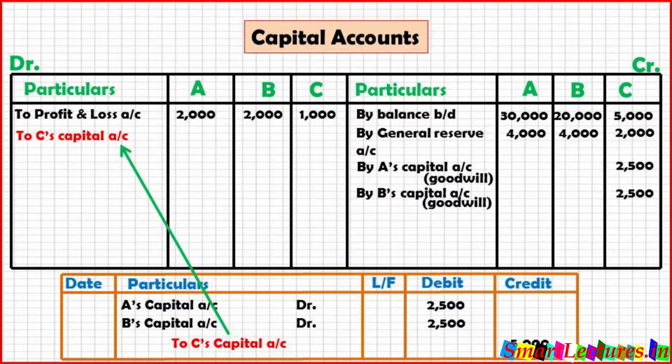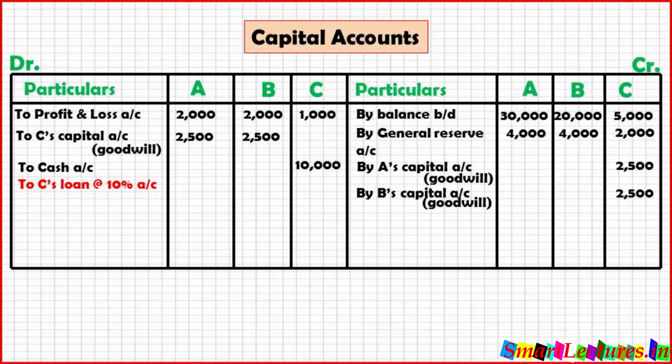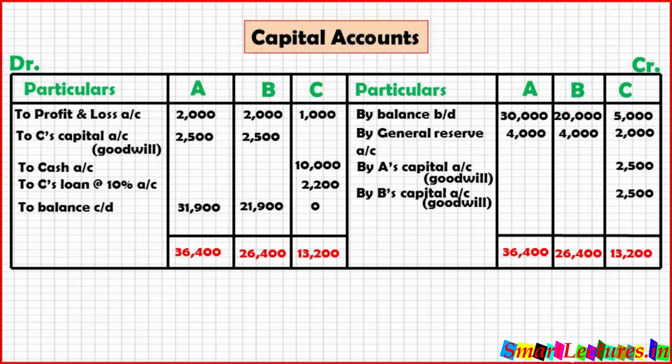And then to C's capital, goodwill in the inner column 2,500 rupees in A's column, 2,500 in the B's column. Then to cash 10,000 in the C's column. Then to C's loan account at the rate of 10%, 2,200 in C's column. Then to balance CD 31,900, 21,900 and the totals on both sides 36,400, 26,400 and 13,200.